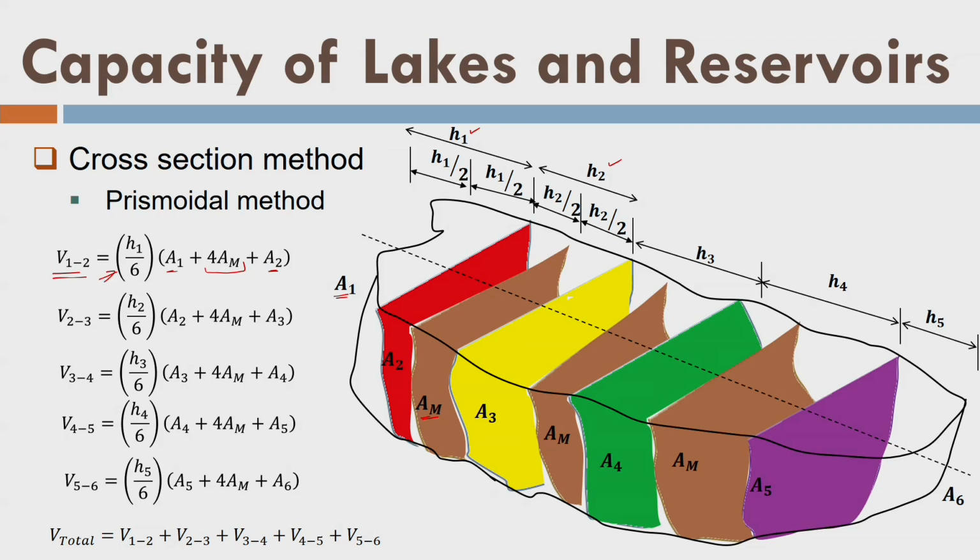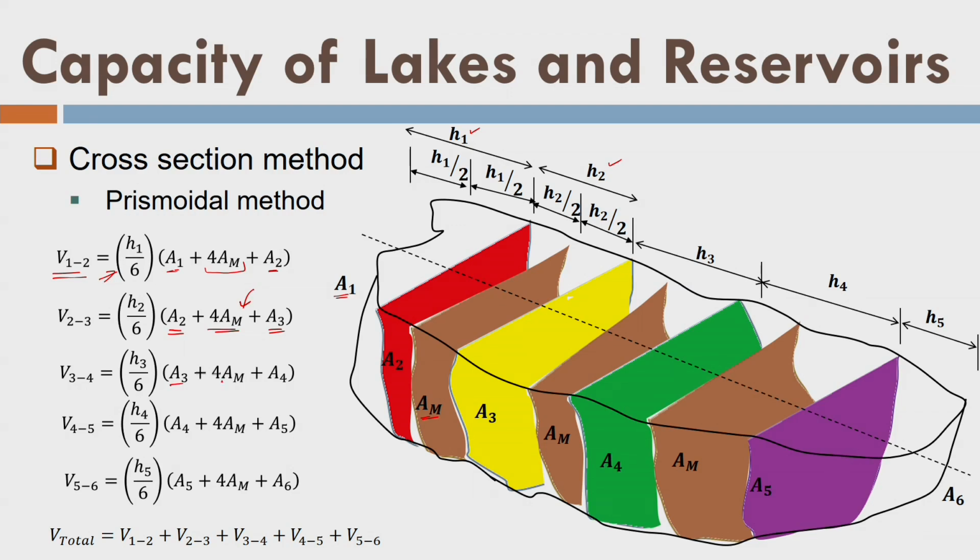So, basically H1 is equal to L, fine. So, now we estimate the middle area between A1 and A2 and we put it here. Similarly, for A2 and A3, we put it here, and this AM is the middle area or the interpolated area obtained from A2 and A3, fine.